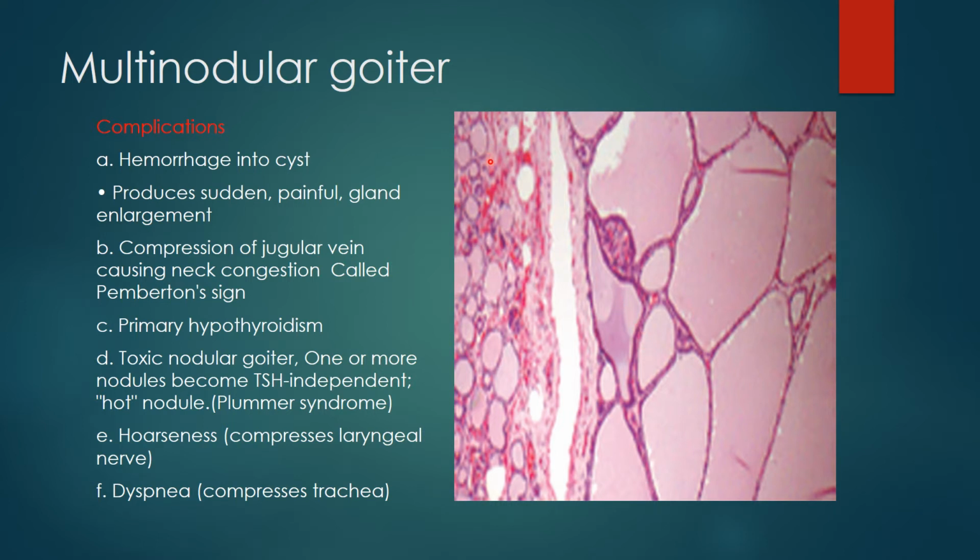In multinodular goiter, this is an area of normal thyroid parenchyma. You'll see small follicles filled with colloid material. On the other hand, this is an enlarged nodule which shows very enlarged follicles with abundant colloid material in the lumen. So in multinodular goiter, there will be enlarged follicles.